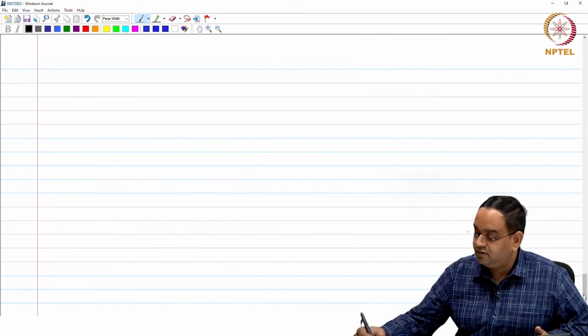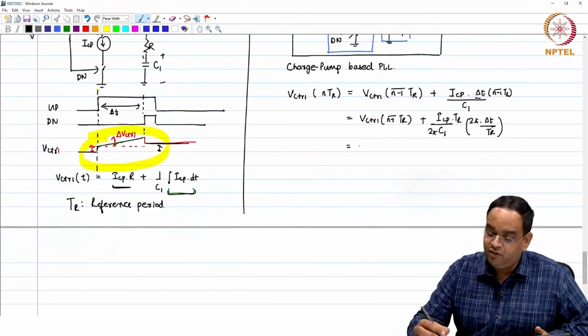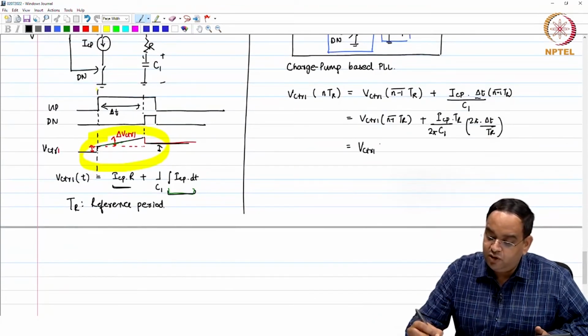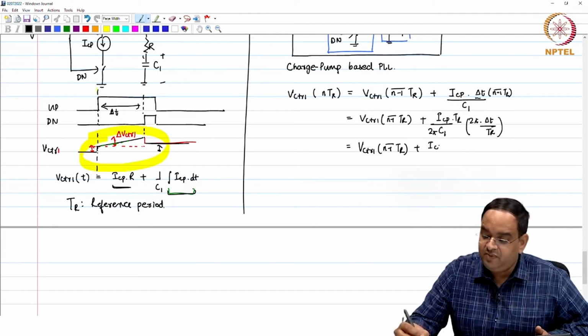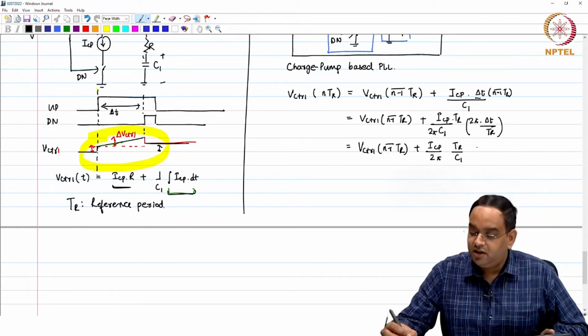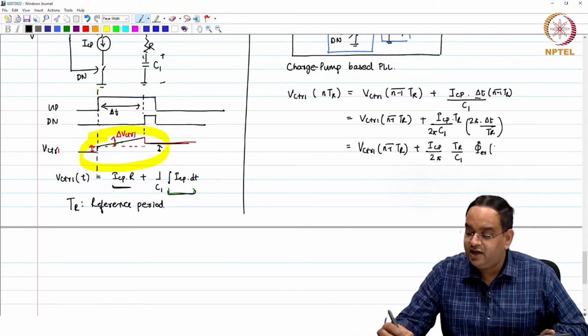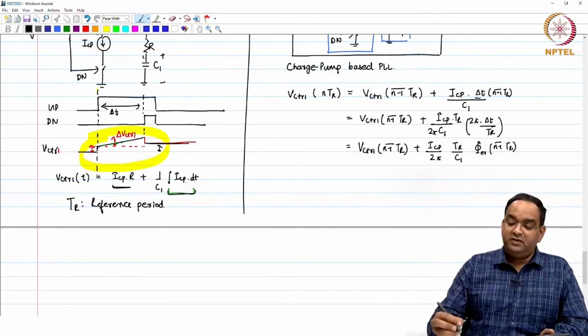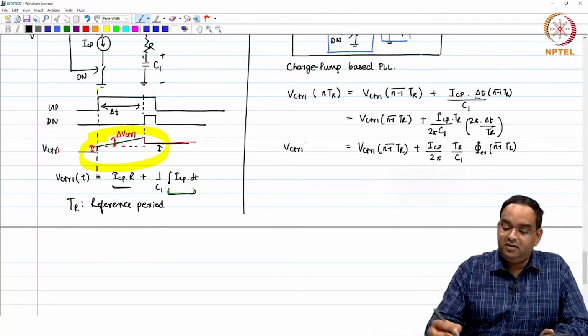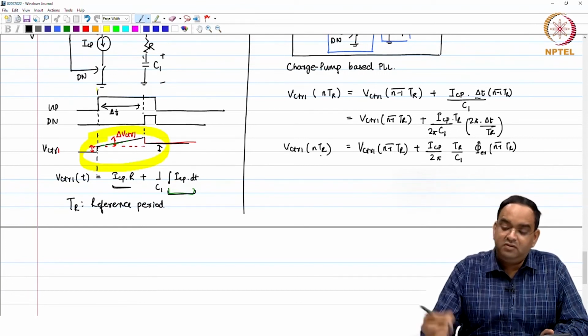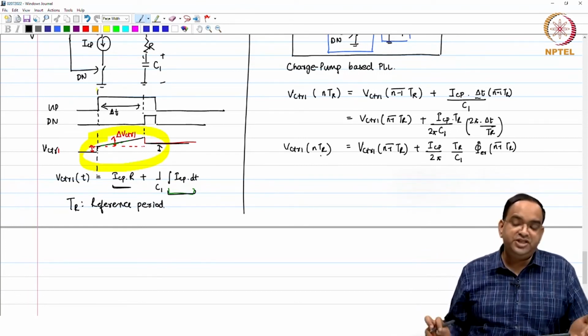This is equal to V control of (n minus 1) T_R plus I_CP by 2 pi times T_R by C1, into the phase error 2 pi delta t, which is the phase error at (n minus 1) T_R. I am writing this in a discrete form right now, because that is how things change here.